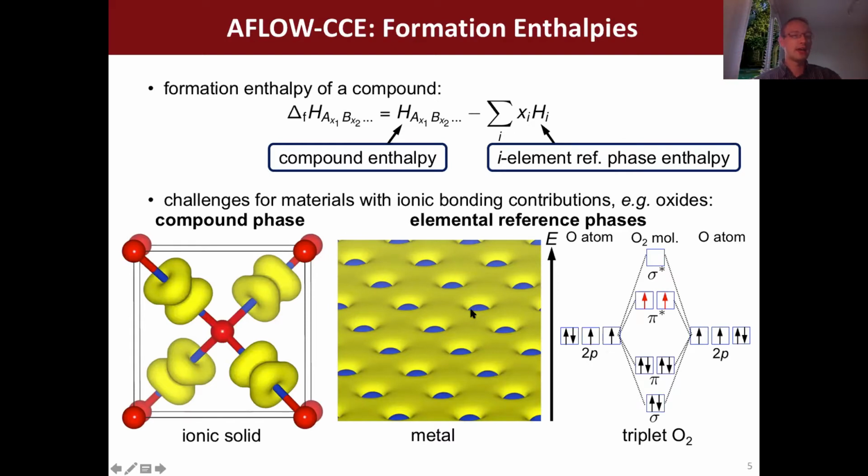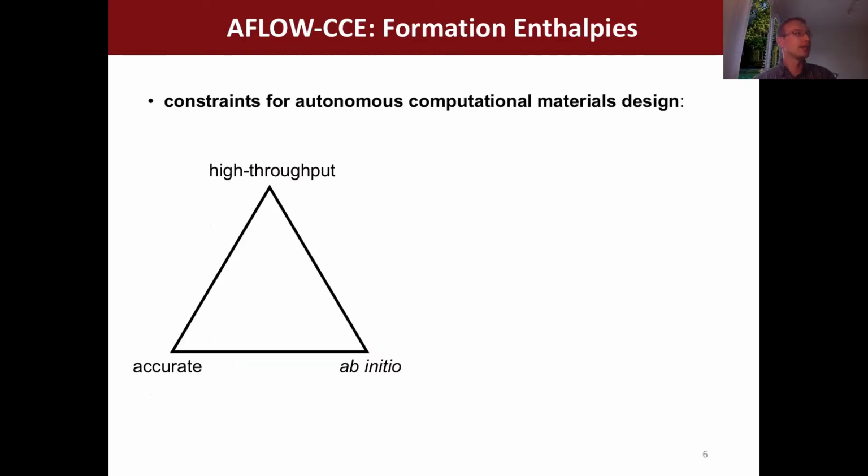And to outline even a little bit better that you have a problem here, I came up with this explanation that we have certain constraints when we want to do autonomous computational materials design. We can think of these as some boundary conditions that we want to have fulfilled, and these are 3 boundary conditions. I wrote them at the corners of a triangle.